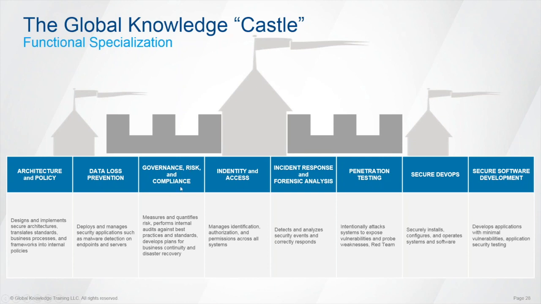Governance, risk, and compliance are the auditors for all of the other groups on the board here. Identity and access management has recently emerged as a new team that just manages passwords and authentication and management. With single sign-on, all these other technologies, that's become a very important area. Incident response and forensic analysis responds to an attack. So someone says, hey, I've got ransomware on my computer, what do I do? These are the guys they call.